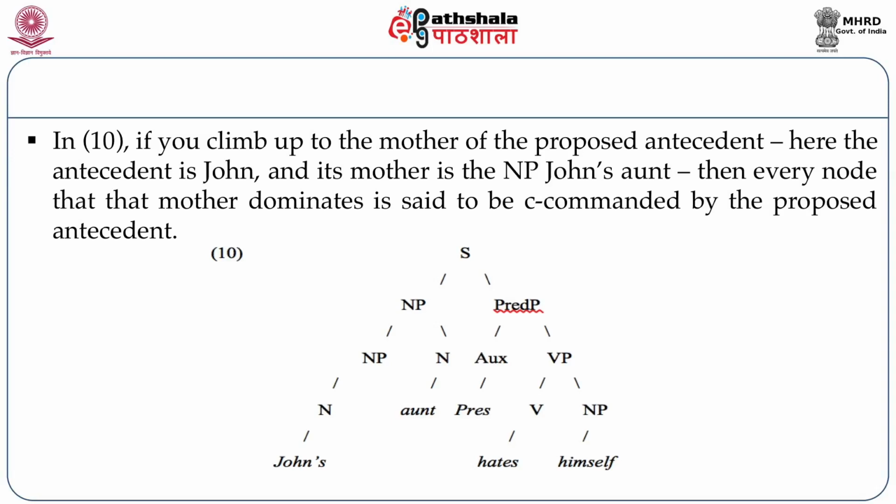So John C-commands himself because from the NP John, when you look up, you get S, which is the first branching node above NP. And when you look down, you find himself. Himself is dominated by S.